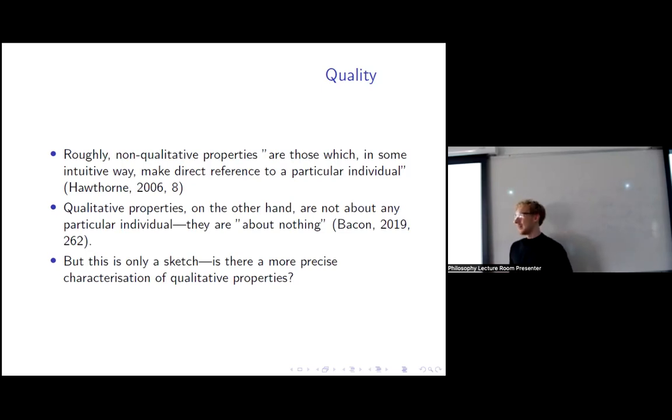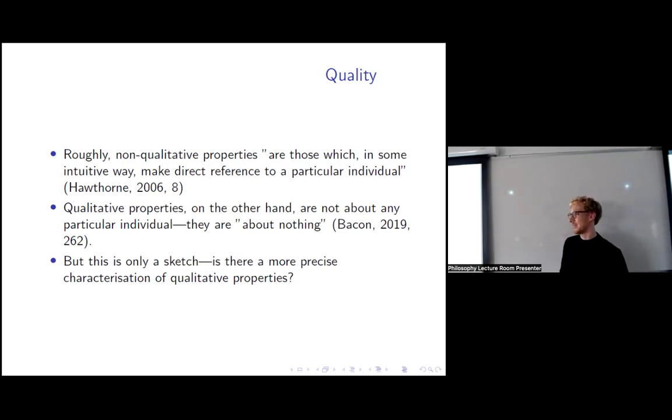So certain glosses that one finds refer to linguistic signifiers, so they'll say things like, non-qualitative properties are represented by predicates that somehow involve proper names or constants. But those sorts of things are all quite tricky, right?